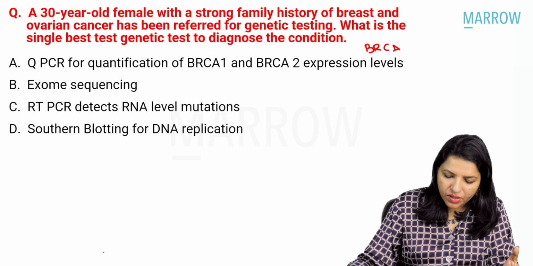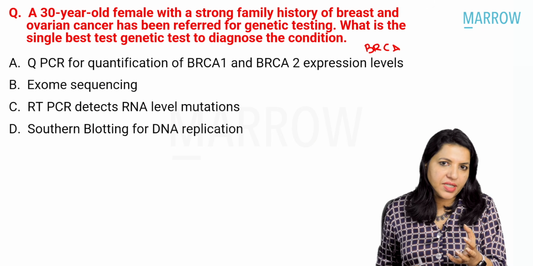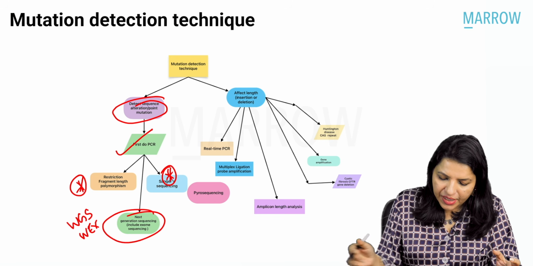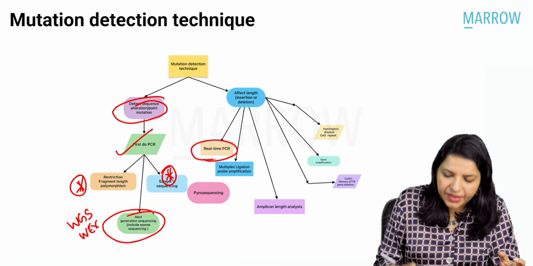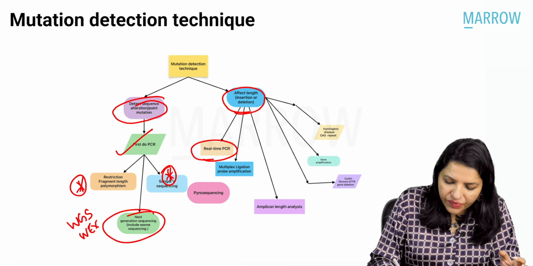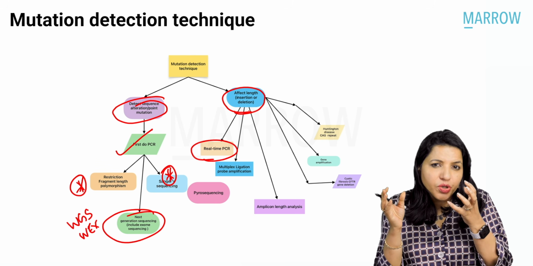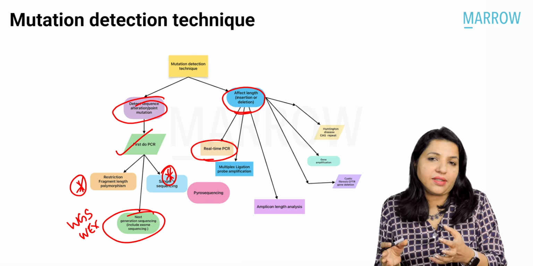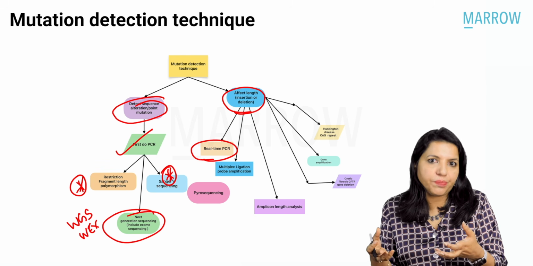So now we will see the options. qPCR, see, qPCR is something called real-time PCR. Real-time PCR is used when we are suspecting a mutation which affects the length, for example, trinucleotide repeat mutation.